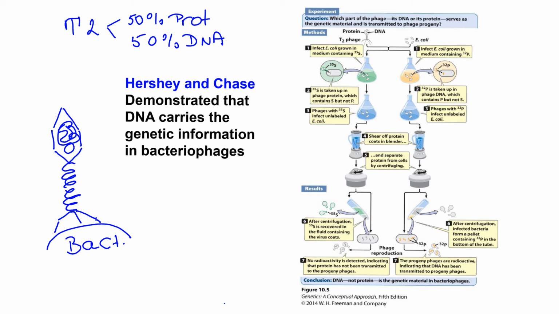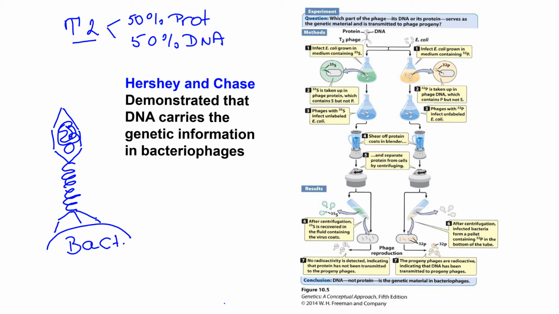This was important for the experiments they designed, where they labeled both proteins and DNA. Before we go to the experiments, I would like to also outline a basic thing about bacteriophages. What was known at that time? It was known that once a bacteriophage infects bacteria, it injects its genetic material into the bacteria, and the coat stays on the surface.